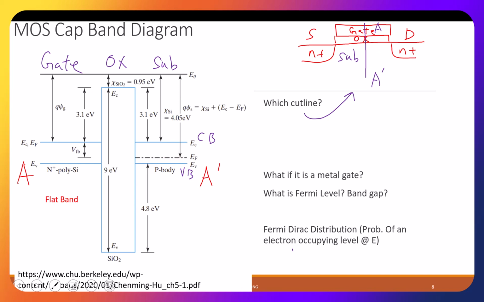By the way, what are the units of the band diagram? This direction is the energy, electron energy. It tells you what the electron energy is at those points.